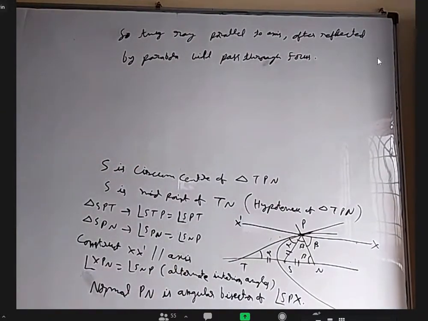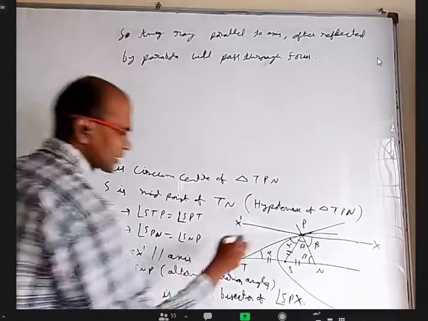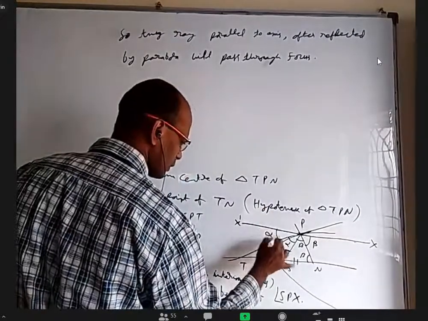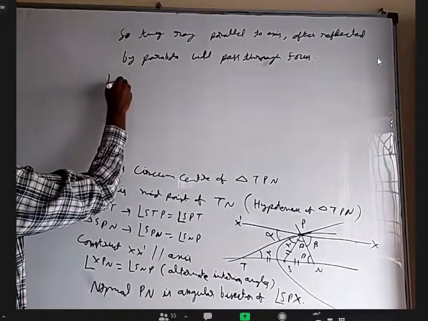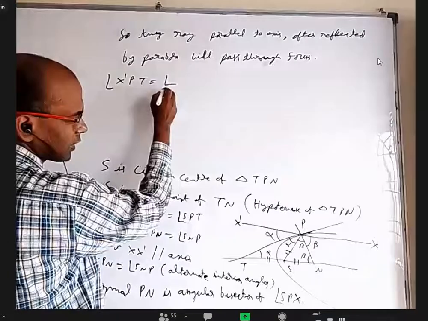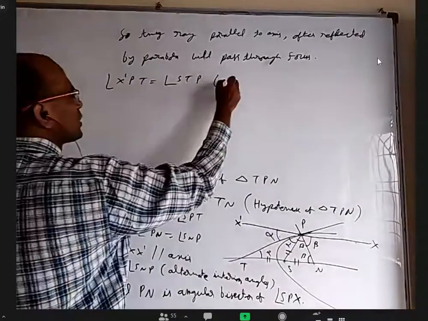Of course, whenever normal is bisecting, even tangent is also bisecting. So I want to prove how this is alpha now. That is angle X dash PT is equal to angle STP, alternate interior angles.